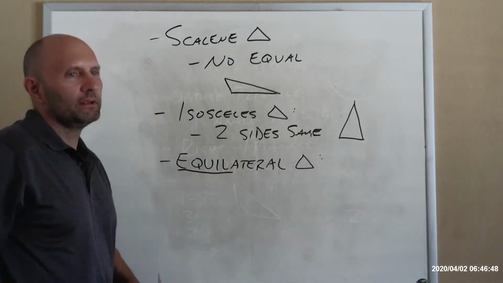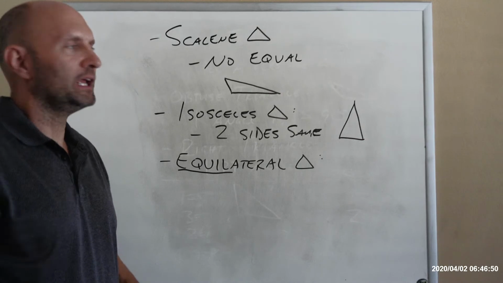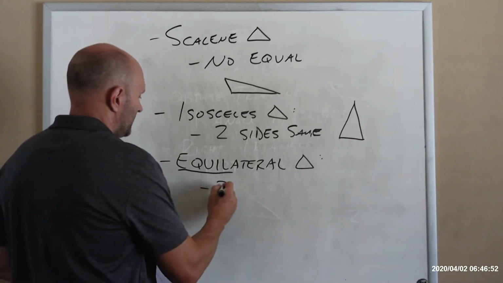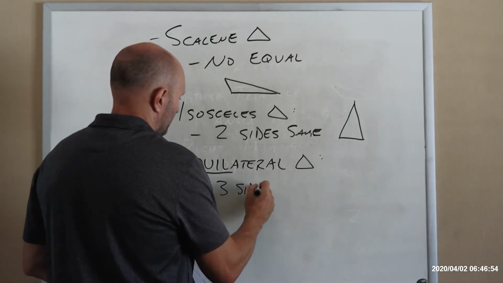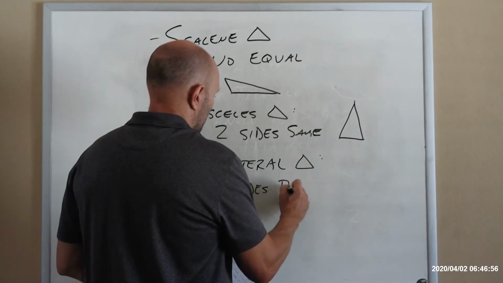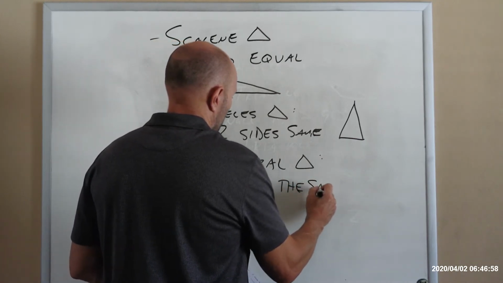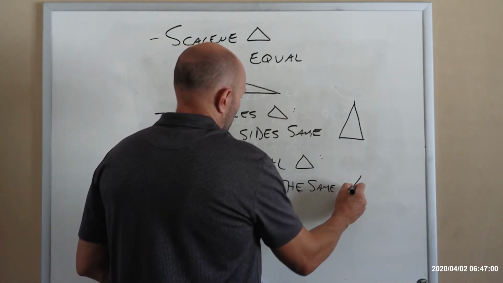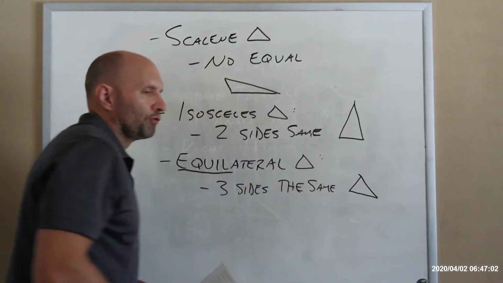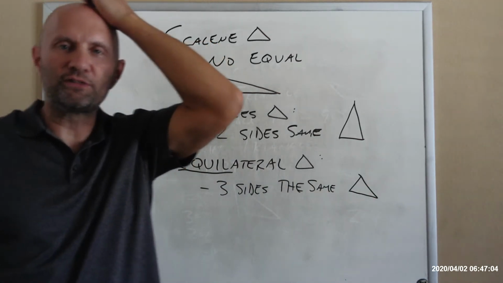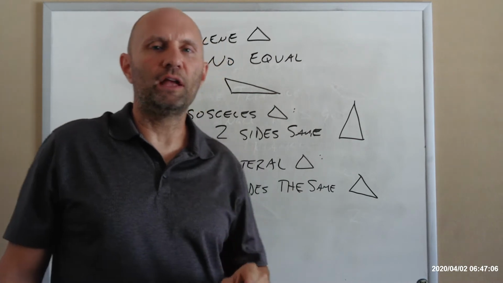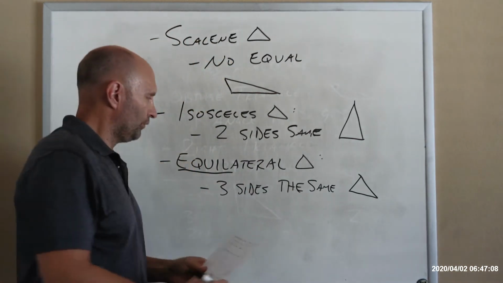Equal, meaning all three sides are the same. So an equilateral triangle, all three sides are the same, which also then means that all three angles are the same.